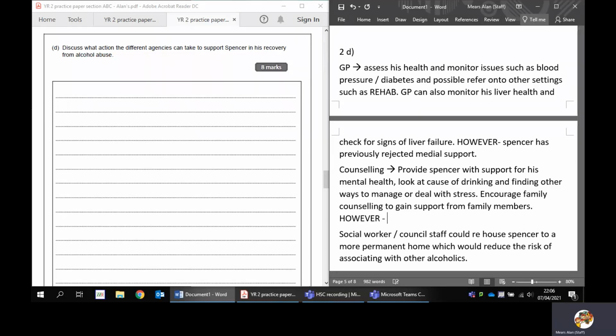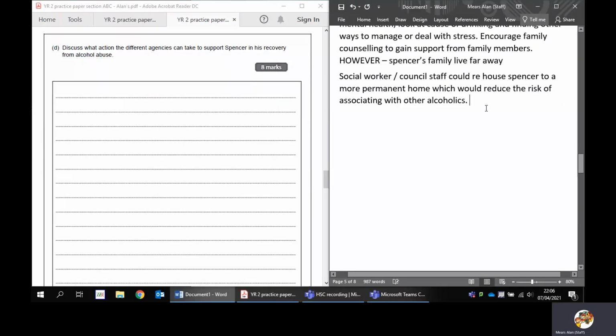However, Spencer's family live far away. Kind of retrospectively going back and adding in some negatives. However, due to his relationship, Spencer may return to this area, to his relationship with Lacey.